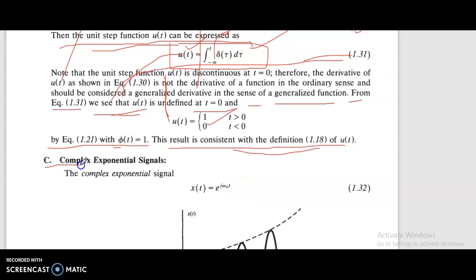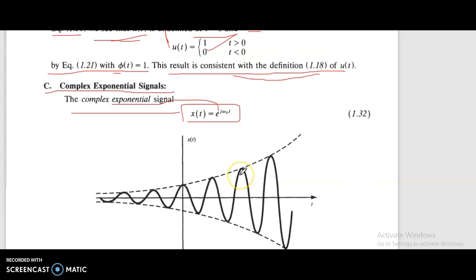Complex exponential signals. The complex exponential signal is x of t equal to e power j omega naught t.